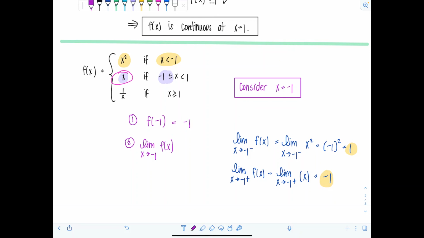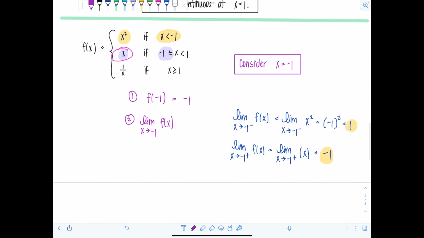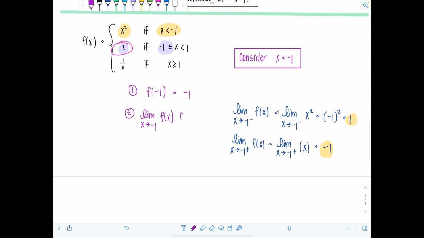And when they're not equal to each other, that means that the two-sided limit, so just the limit as x approaches negative 1, in general, does not exist. So since that condition failed, naturally condition 3 is going to fail. I don't even need to state it. You can if you want, but therefore 3 cannot be met.